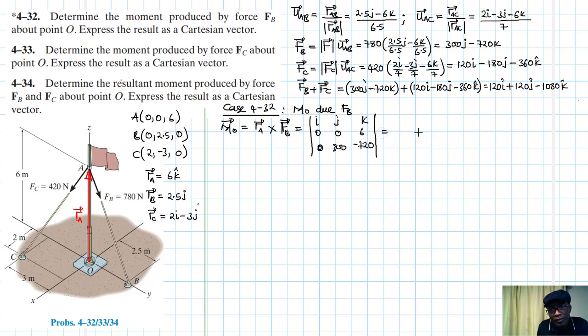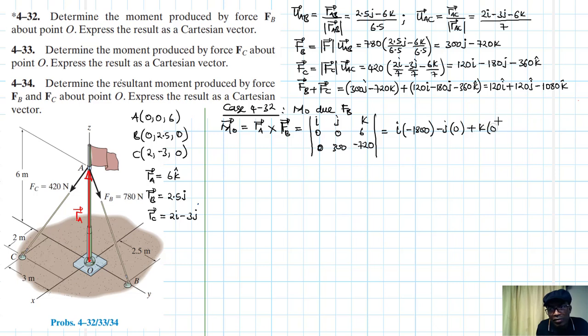Okay, then in the I direction, what do we have? We have a minus 1800. Okay, then minus J, what do we have? We have a 0. Okay, then plus K, what do we have?